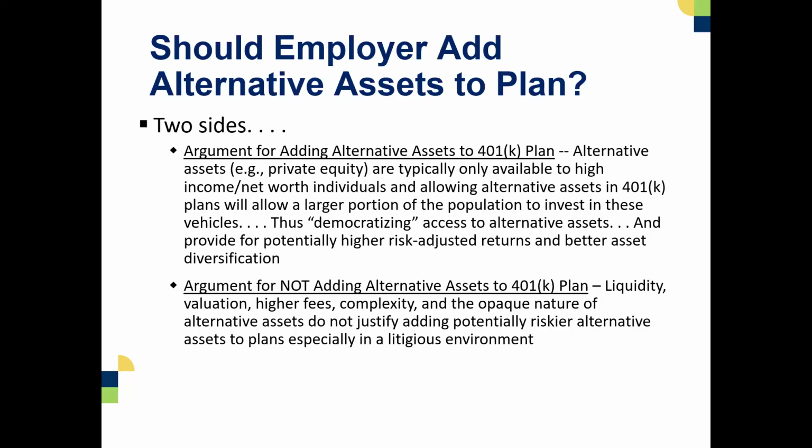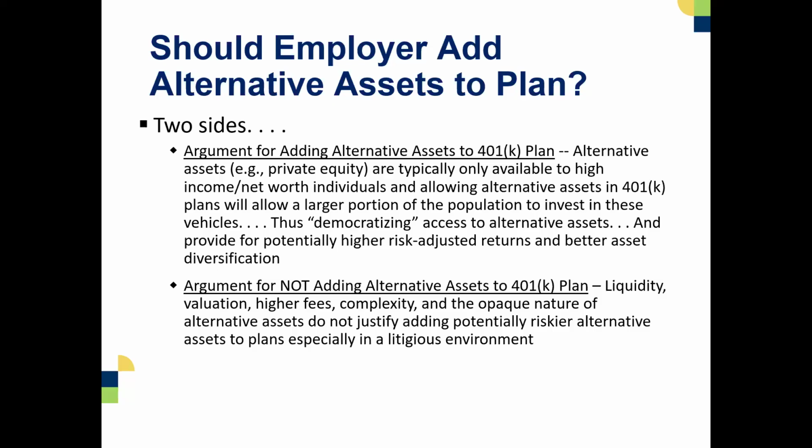And if we allow alternative assets in our 401k plans, that's going to allow for a larger portion of our population to invest in these alternative assets, thus democratizing access to alternative assets and allowing for potentially higher returns and better asset diversification.